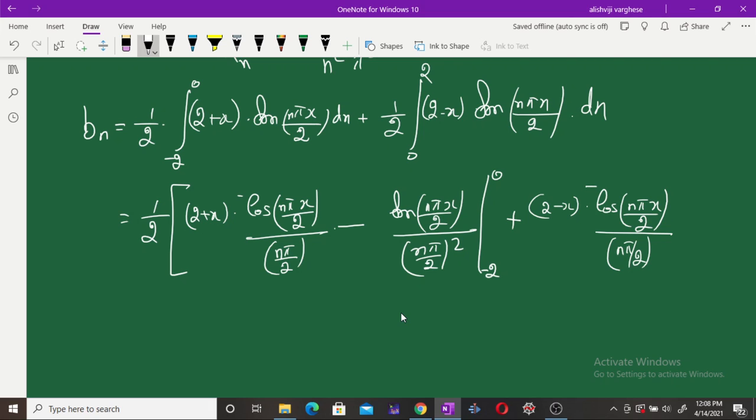This is minus, then minus the derivative of this, which is minus 1, so it becomes positive, then the integral of cos n pi x by L, that is sine n pi x by 2, the whole divided by (n pi by 2) the whole square, and this minus comes here.